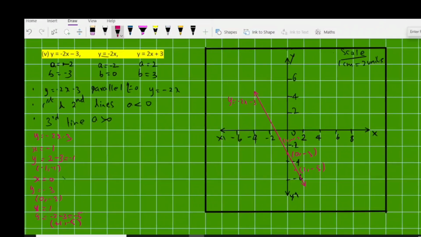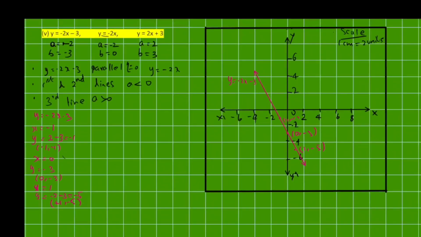Then the next, y is equal to minus 2x means if x is minus 1, y is plus 2, minus 1 comma 2. x is 0, y is 0. So 0 comma 0 second coordinate point. x is plus 1, y is minus 2.